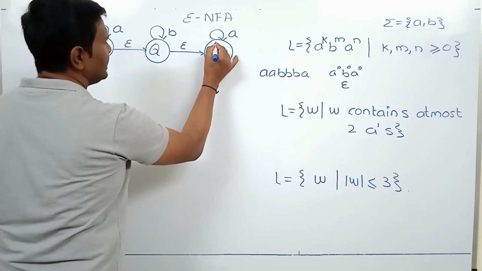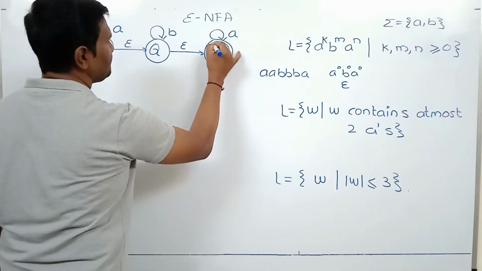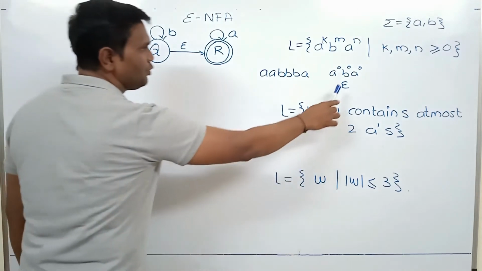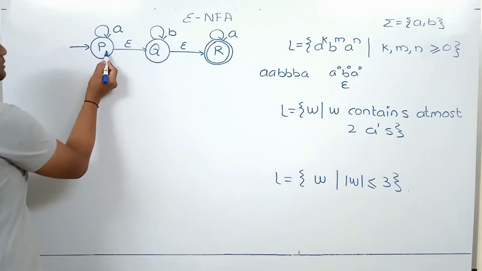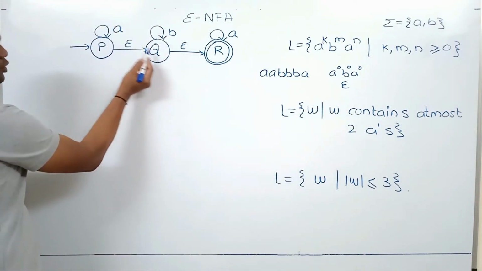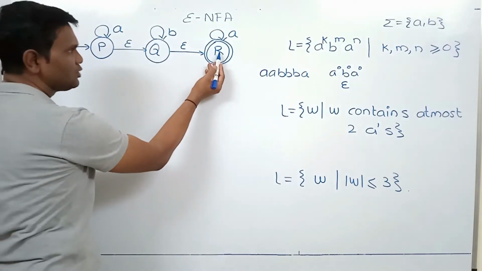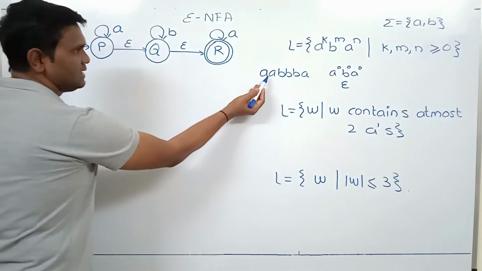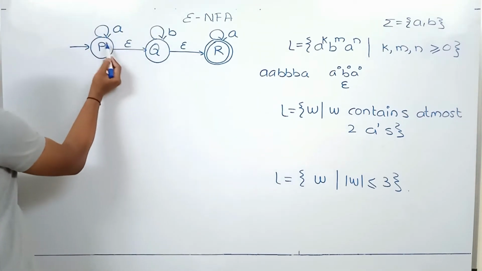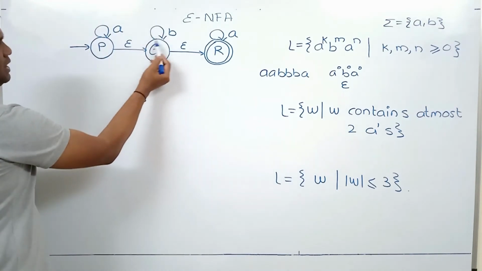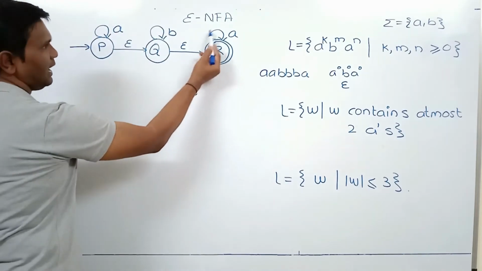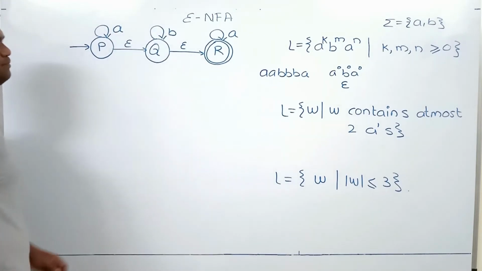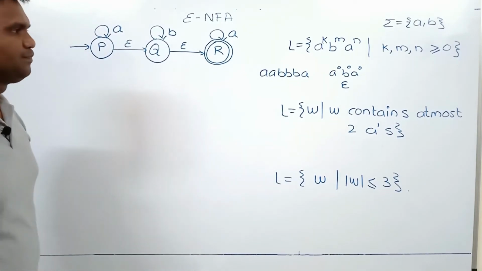We mark this state as a final state. Now if you consider string epsilon, then we simply take P epsilon Q, Q epsilon R, and we reach the final state. String epsilon is accepted. For the string a, epsilon, b, b, b, epsilon, a, the string is accepted. So this is the required NFA.